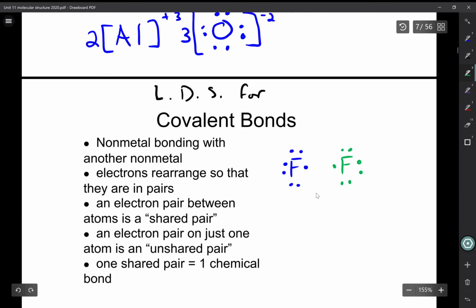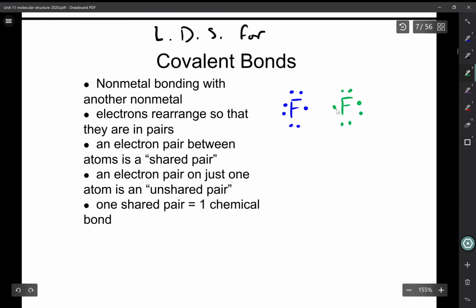So what will happen is, as these two fluorine atoms get closer together, these two electrons will get closer and closer and pair up. So our end result, when all is said and done, we have our one fluorine there, and we have our other fluorine right next to it, and voila, these two electrons are now a pair.